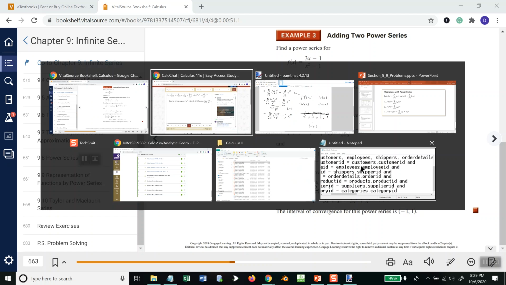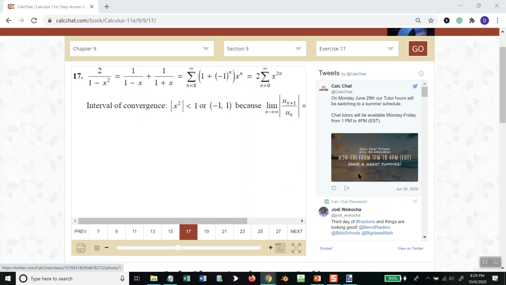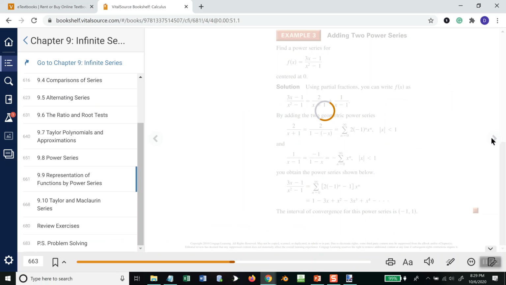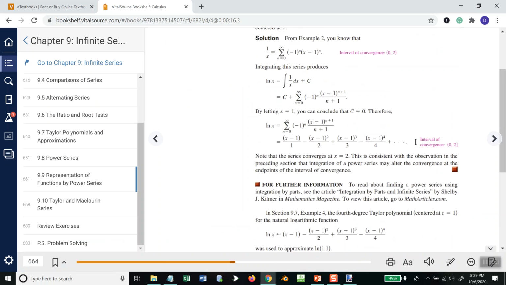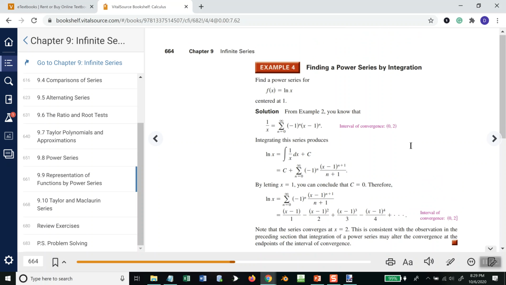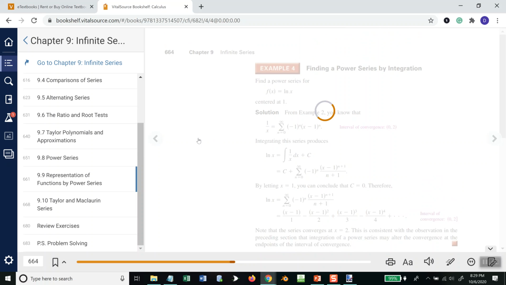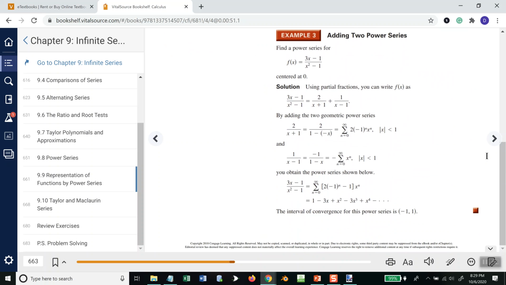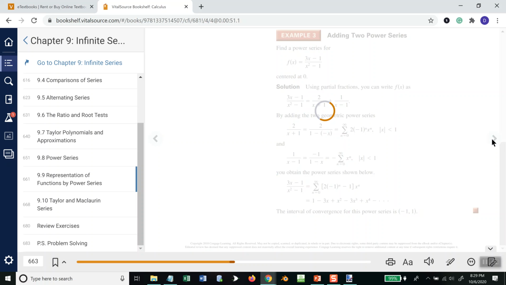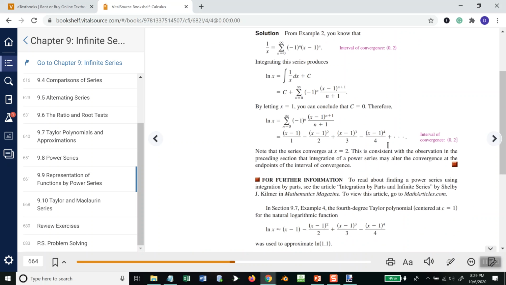Anyway, now the last topic in this, I'm going to mention it, but I'm not going to assign anything on it because I don't like it. See, down here it doesn't say anything about the interval of those.